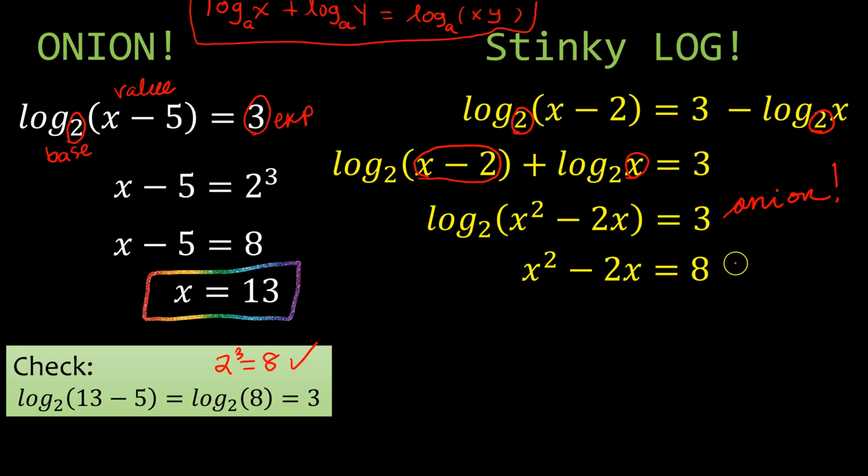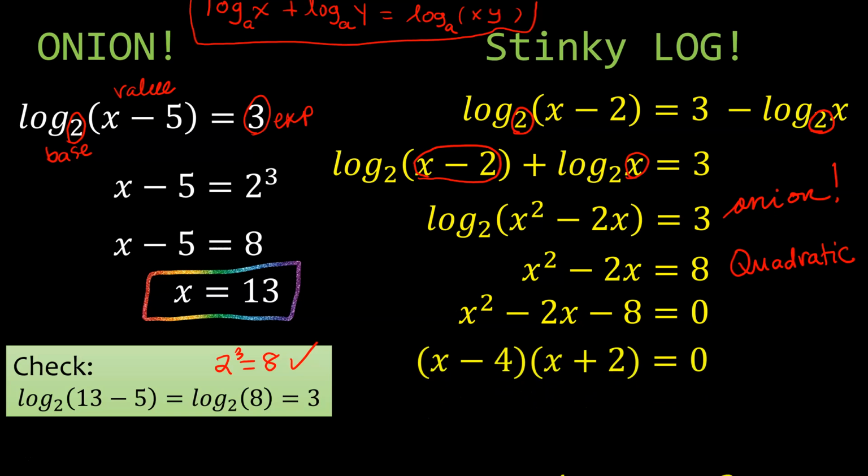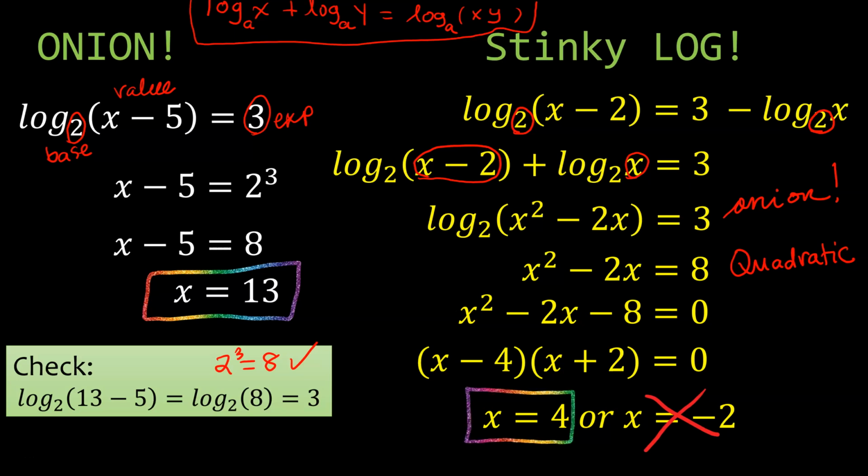And oh boy, look at that. What is that? That is a quadratic. So we would make things equal to 0, ax squared plus bx plus c equal to 0, so that we can factor and solve for x. Now when we do check our answer, x equals negative 2 will not work, and x equals 4 is perfectly fine, so x equal to 4 is our solution.